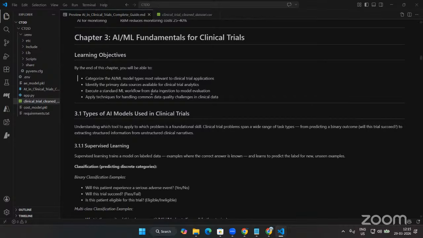So here in this case, clinical trial problems span a wide range of tasks. For example, predicting a binary outcome, will this trial succeed, to extracting structured information from unstructured clinical trial narratives, which is a very complex task.